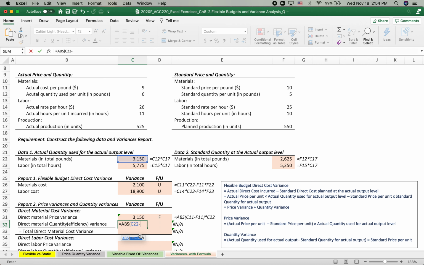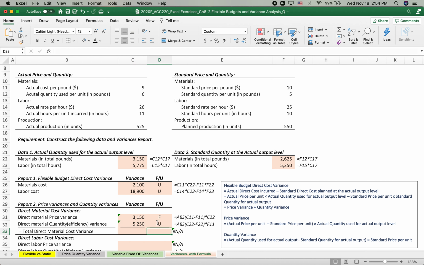We are calculating the variance quantity, 3,150 and 2,625. Actually, we used more pounds, that is the unfavorable, and then times the standard price per pound here, right? So we got 5,250, which is unfavorable.